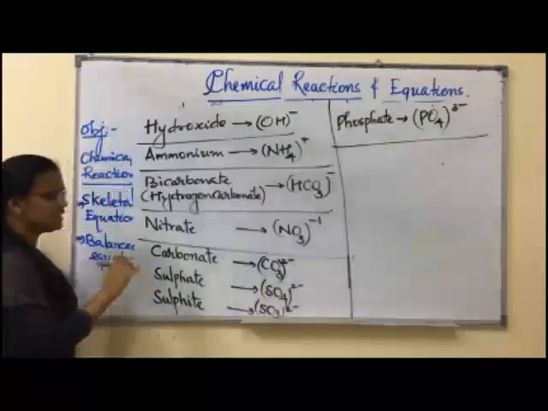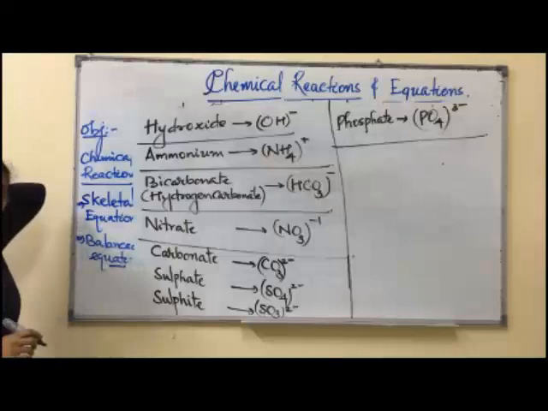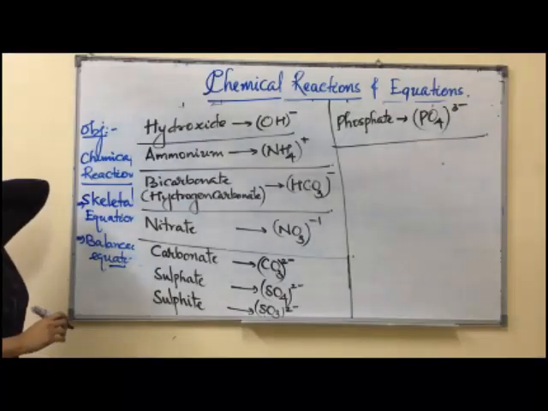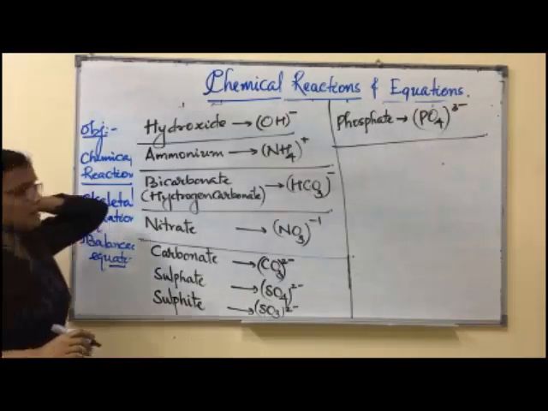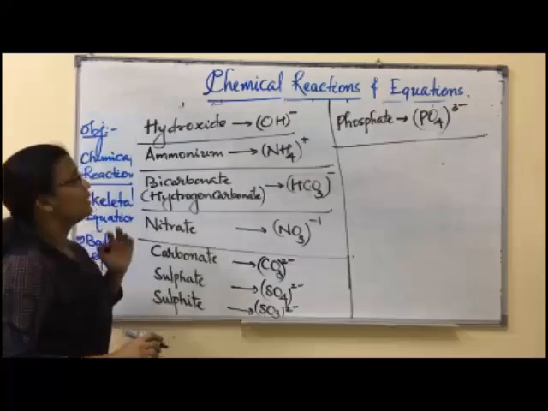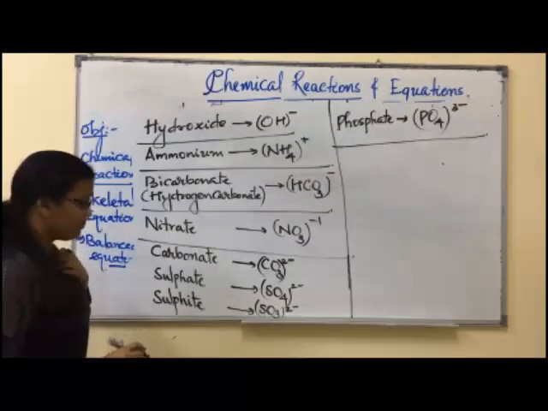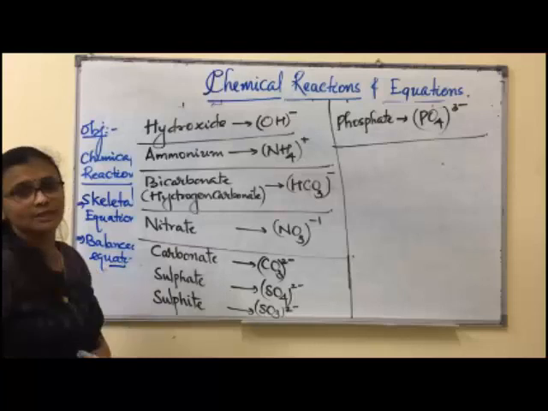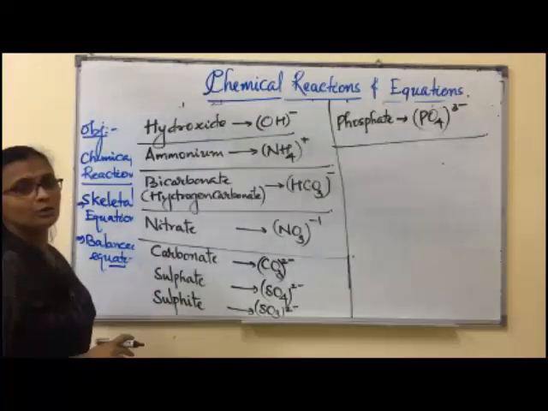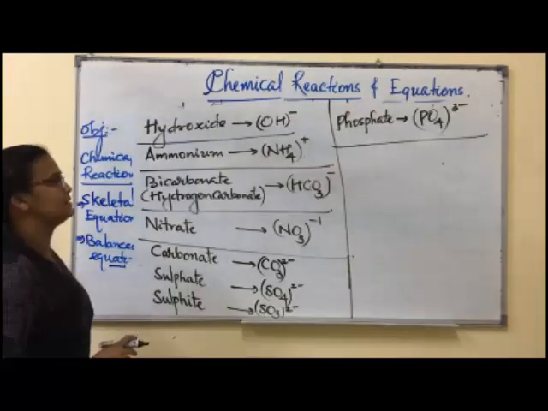These are the major required radicals or polyatomic ions you should remember: hydroxide, bicarbonate, nitrate, then ammonium, carbonate, sulfate, sulfite, phosphate, etc. These are the major ones that you should remember in the case of radicals.